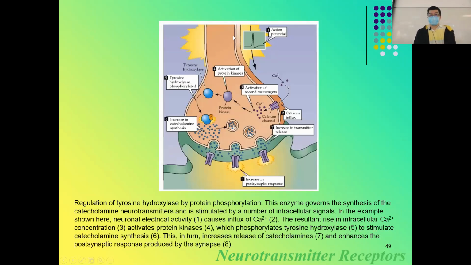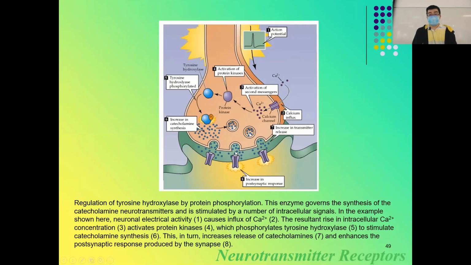So this is also another example of what happens with a secondary messenger. In this case, this is a catecholamine terminal. When the action potential arrives, calcium rushes in, and that will trigger the release of the neurotransmitters.